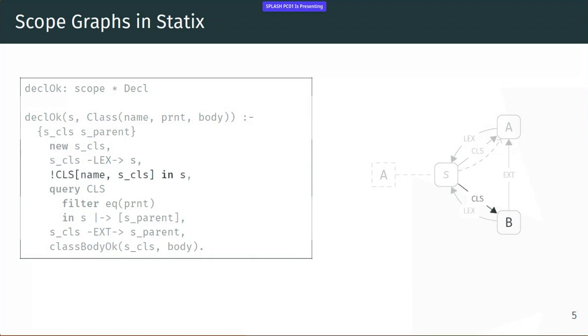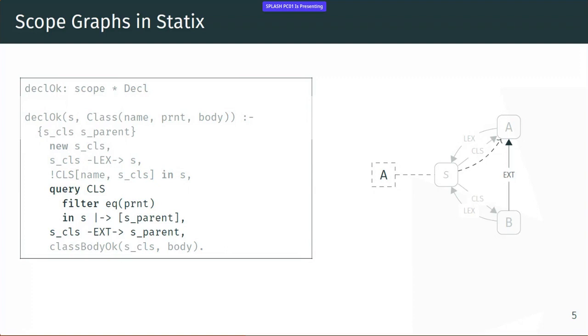This constraint introduces a declaration. It assigns the name of the class to the class scope, and ensures that there is an edge from the enclosing scope S to this declaration. Finally, we can use queries to look up the references. We can give all sorts of parameters to these queries to be able to model name resolution behavior of a very wide range of languages.